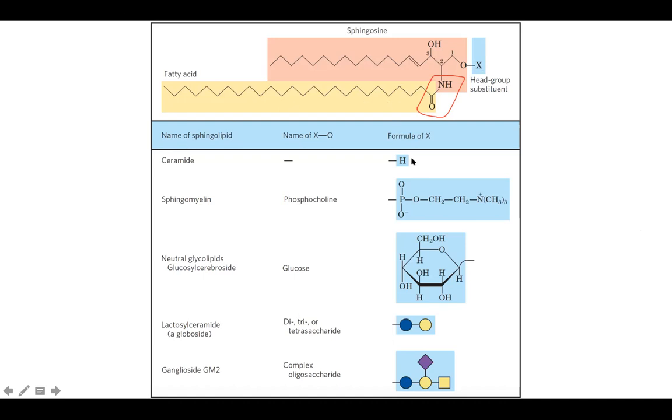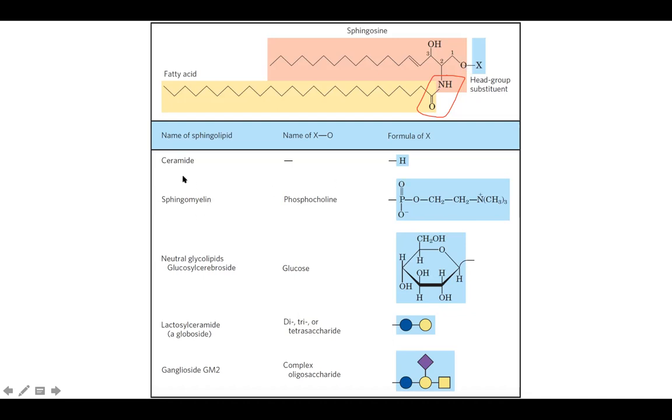So pag hydrogen siya, so the original sphingosine molecule, ceramide siya. So you have a class of sphingolipids called ceramides, and then depende kung ano yung fatty acid na nakakabit sa kanya. And then if phosphocholine is attached to this oxygen, that's what you call sphingomyelin.